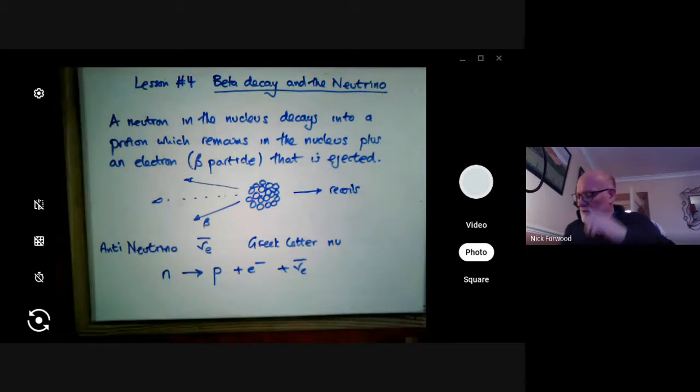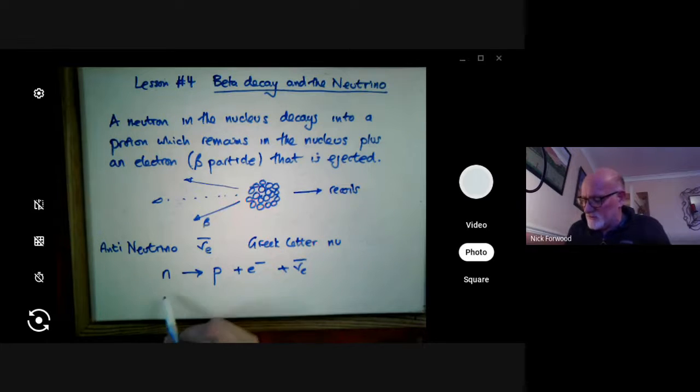Okay, so we've got that. Now, there is a sort of SQA bit of knowledge that you need. Later on, physicists discovered that you can also get positron emission.